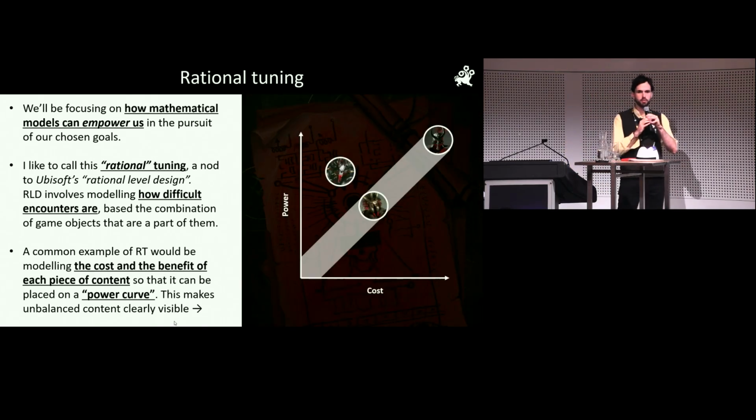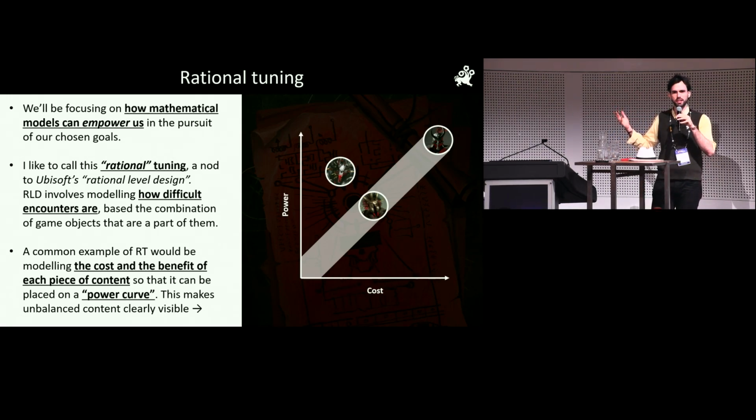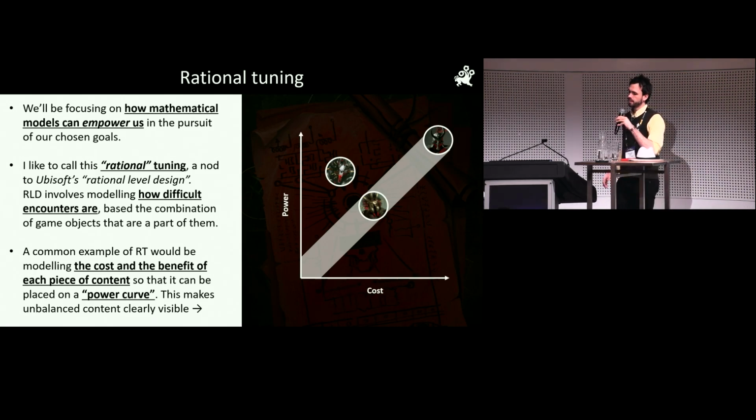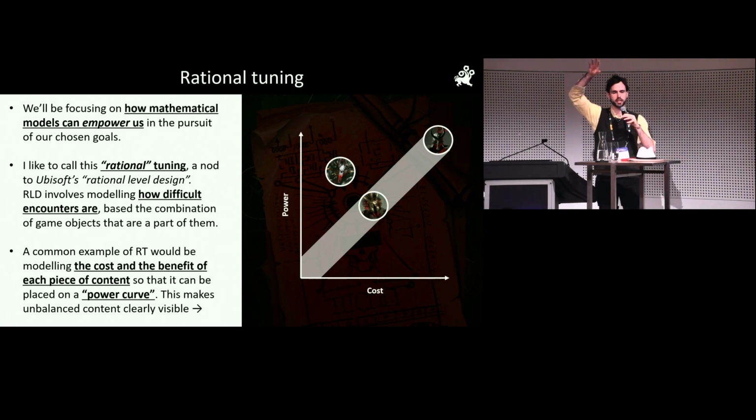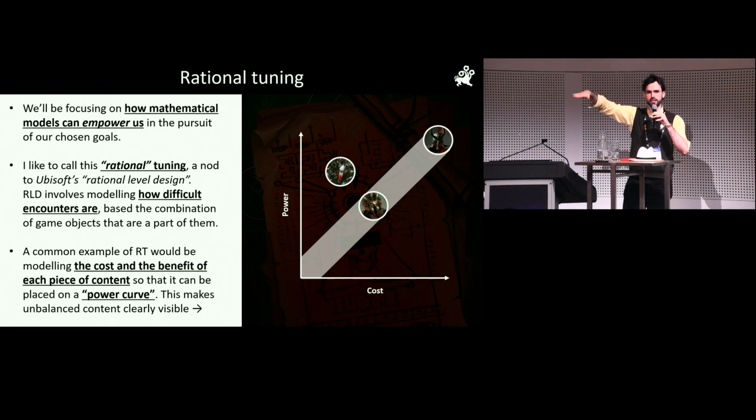An example of rational tuning in a strategy game like Solium Infernum would be the use of power curves. Now, who's heard of a power curve? Fantastic. Magic the Gathering, Hearthstone, they have this idea of placing all the cards on a curve of power and cost. If things are on the curve, it means they are correctly costed.